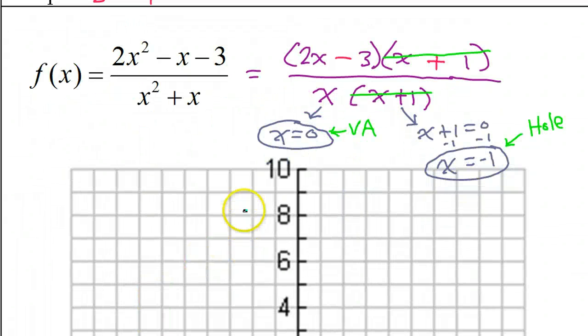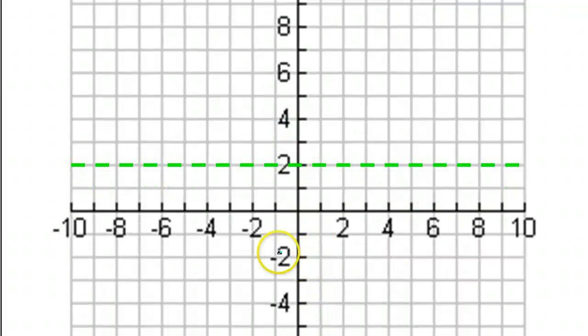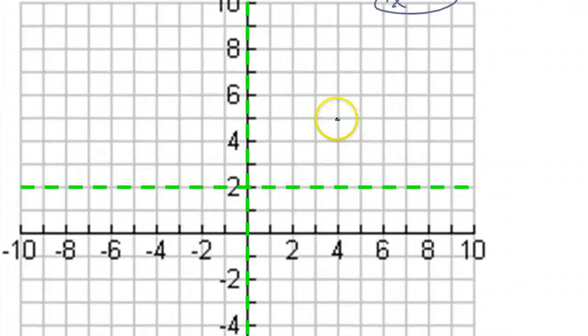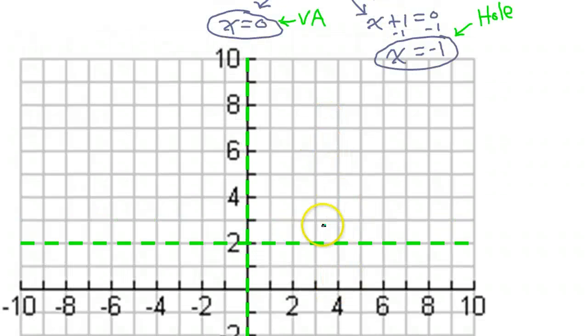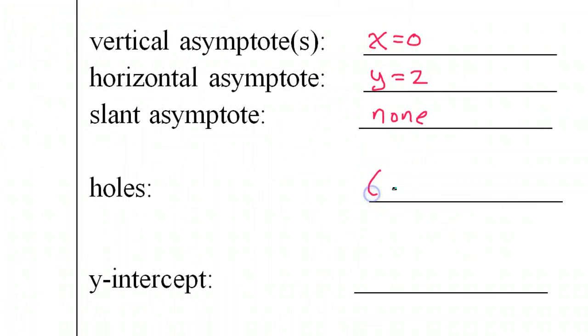And I can go ahead and graph that vertical asymptote. X equals 0 is the y-axis. So there's my vertical asymptote. Now, that hole, we have a hole at x equals -1. So that means I have a hole. If the x value is -1, I still need the y value.